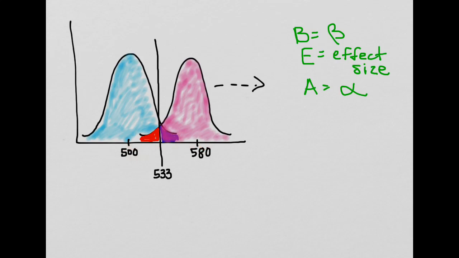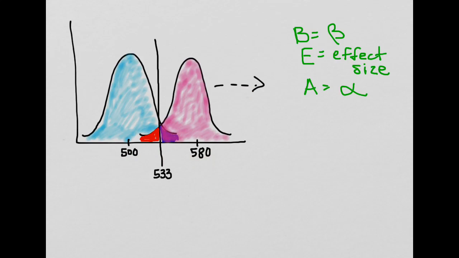And in fact it would be 1 because it's 600 minus 500 over the standard deviation, which we said before is 100. So that's the effect size of 1, okay, versus an effect size of 0.8, which is what we have here.